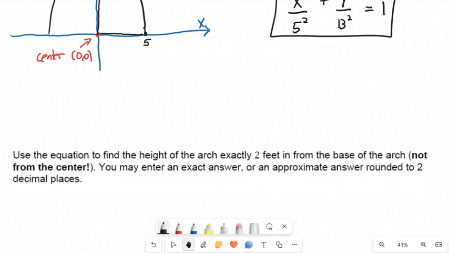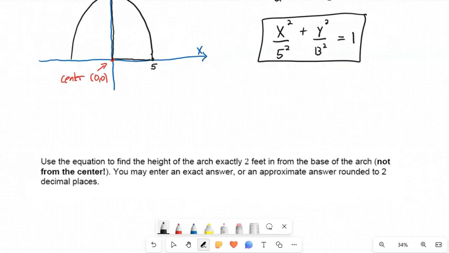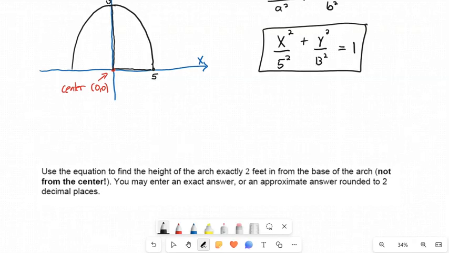There's a follow-up question here, and that is, use the equation to find the height of the arch exactly 2 feet from the base of the arch. Now 2 feet from the base of the arch is right here. It's not 2 feet from the center, it's 2 feet from the base.